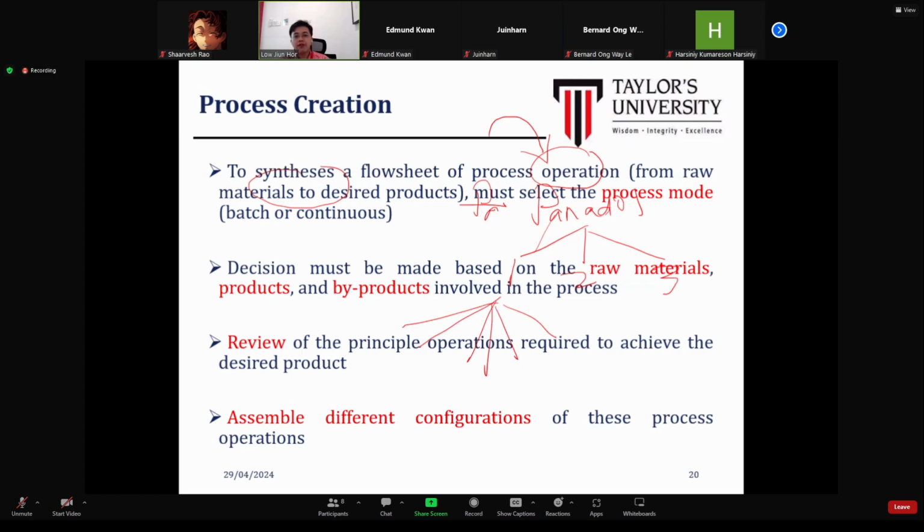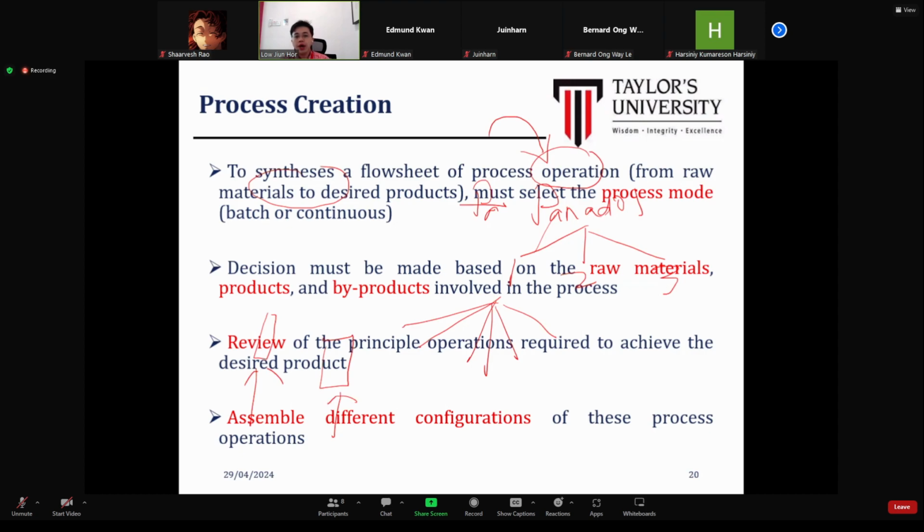So for example, for the first process here, you need to use a distillation column, and also let's say a flash tank. So under the first process here, you need to use a flash tank and also a distillation column. Which unit operation should come first?